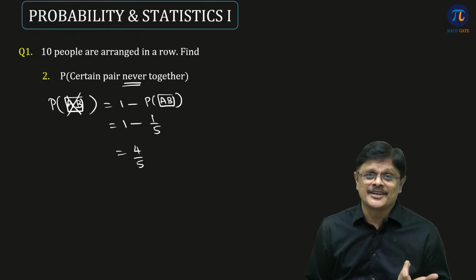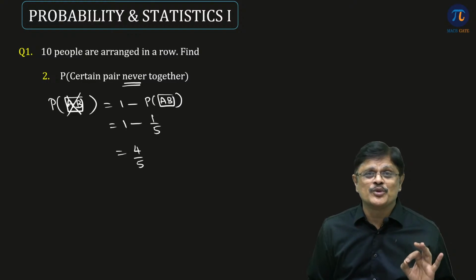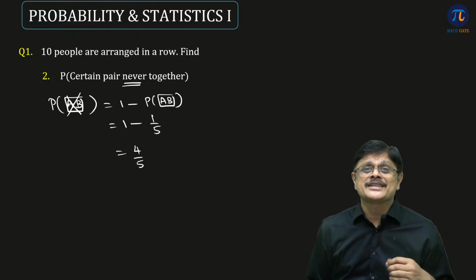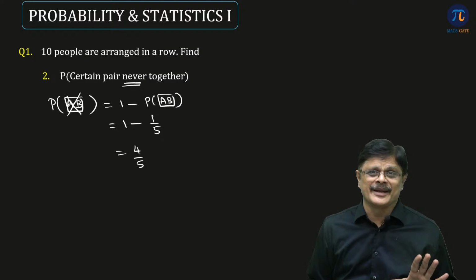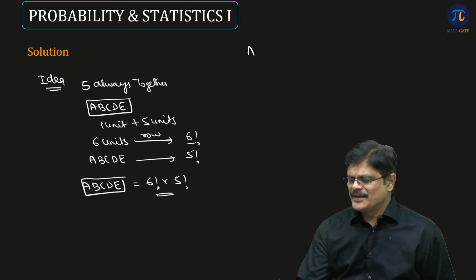Don't try to do this for a 5-member situation. 5 members never together. Don't do that. That is a complicated situation. There you need to consider many situations in between, because if you are having two members, either they are together or they are not together.